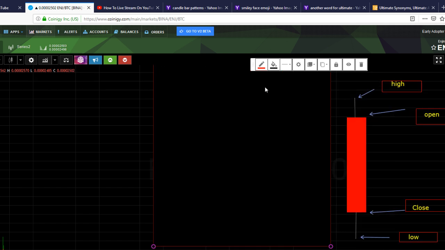So here we have the bearish candle signifying where price opens and where price closes, and also you can see the high of the price and the low of the price, and this also is the body. So these two are just telling us what price is doing. Are we selling or are we buying, basically?